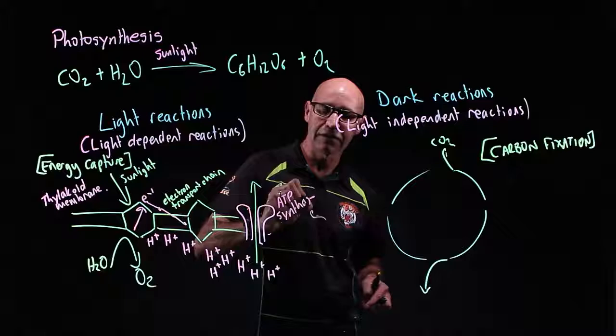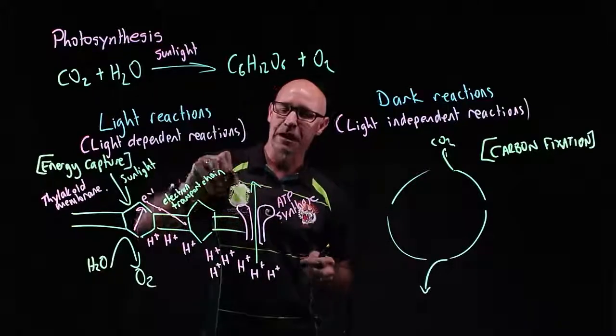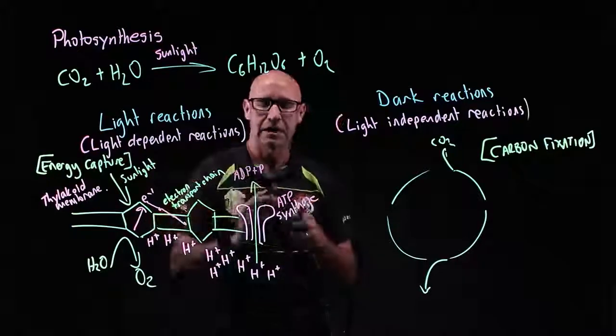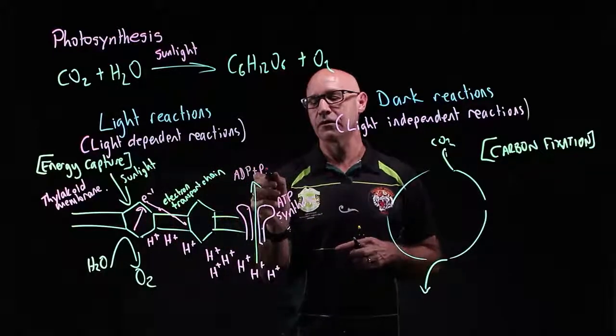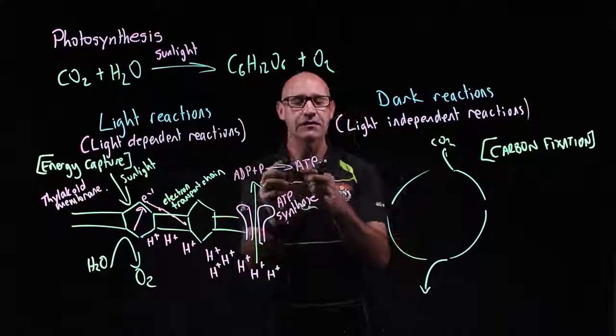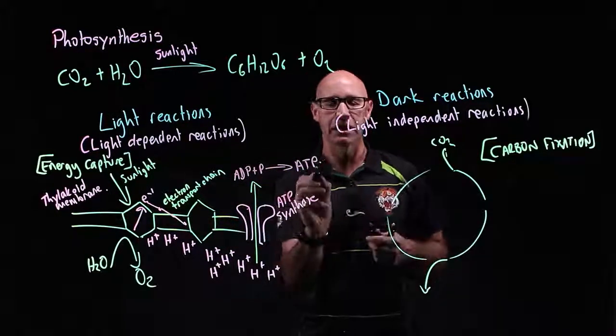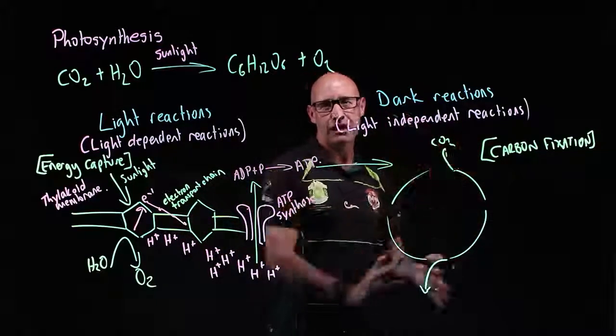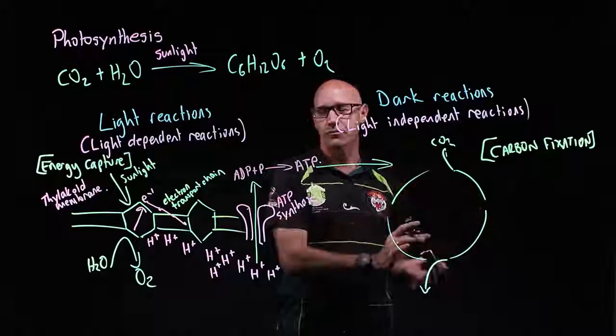By turning ATP synthase, the energy from that converts ADP and inorganic phosphate into ATP, which is the energy we require to go across to drive the dark reactions, or the light independent reactions.